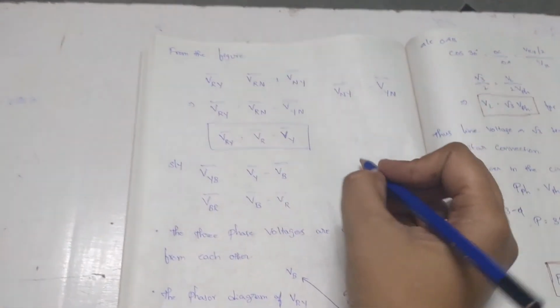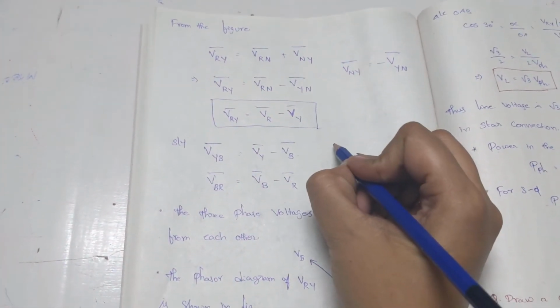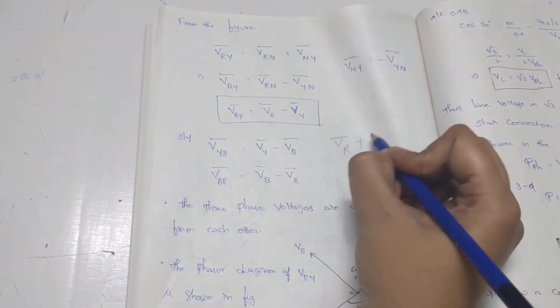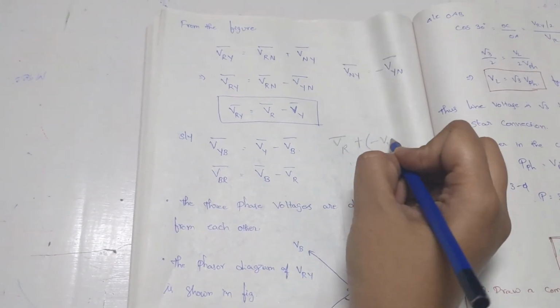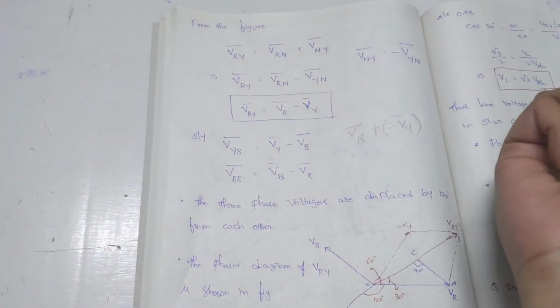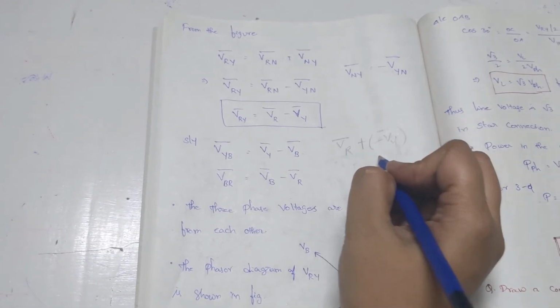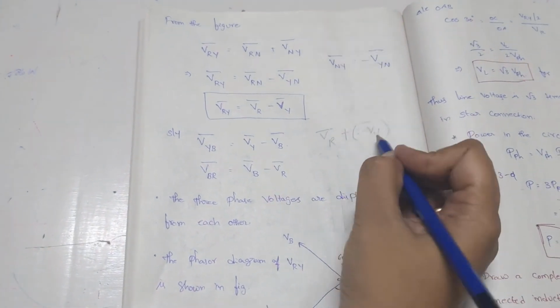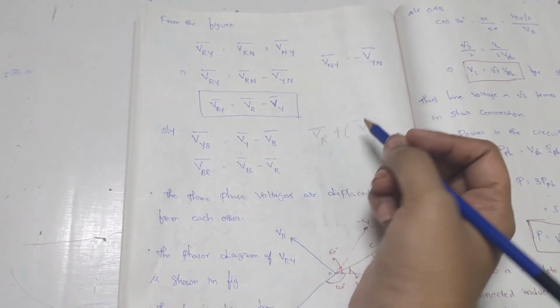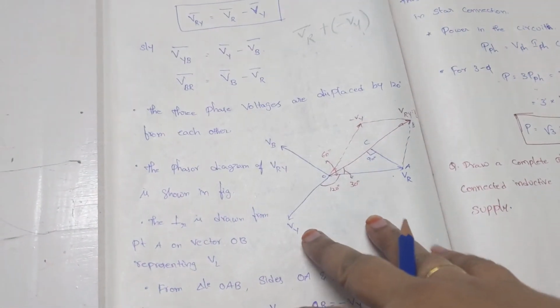For this reason, this can be written as VR phasor plus minus of VY. Instead of subtracting, we are just adding two phasors, by considering the other phasor as the negative of VY.